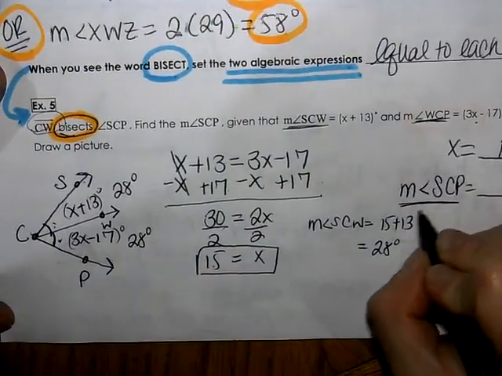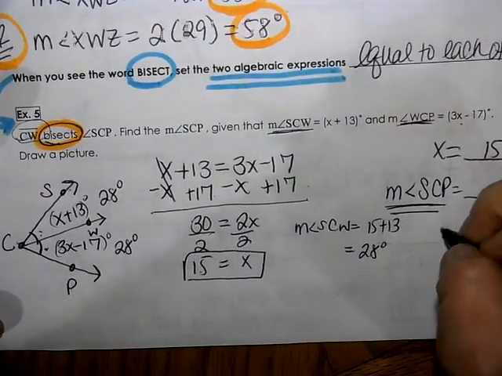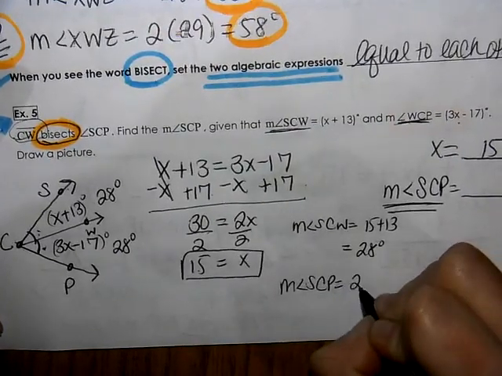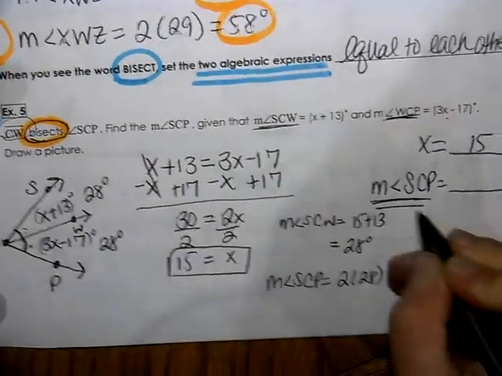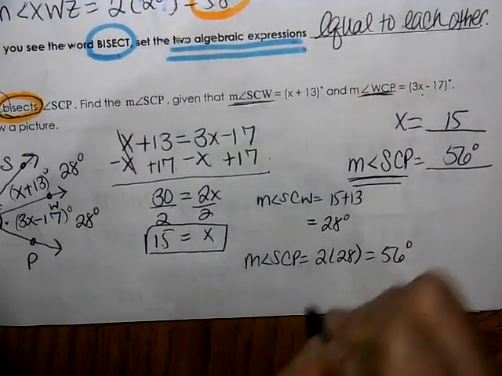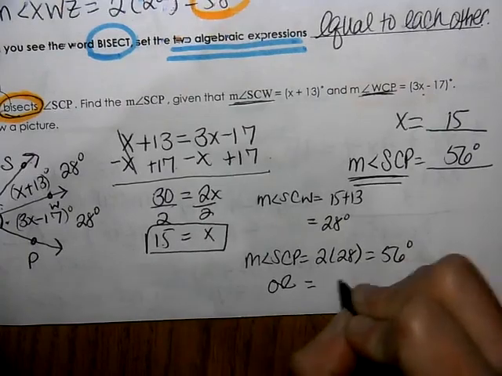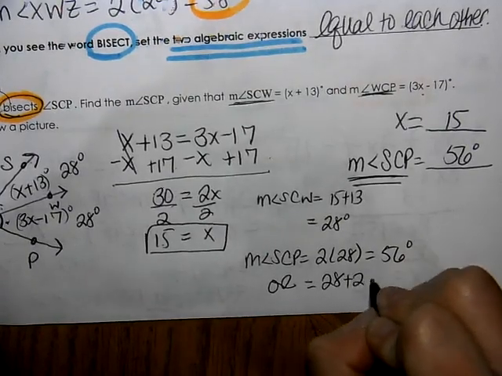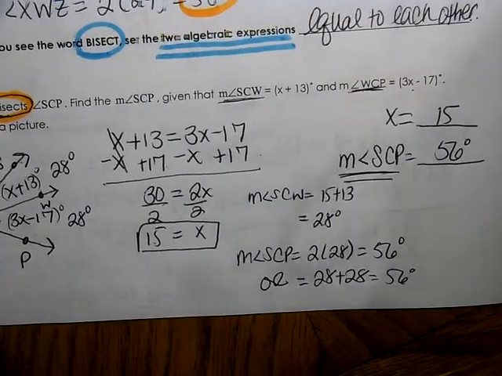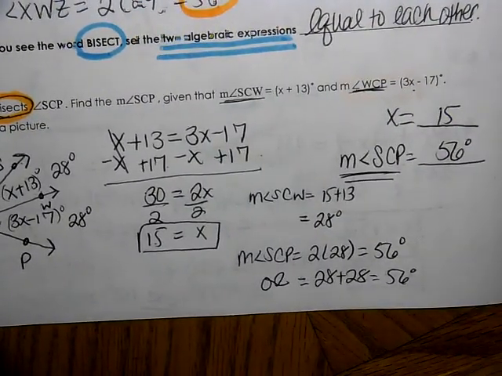So the measure of angle SCP has to be 2 times 28, and 2 times 28 is 56 degrees. You could also simply do 28 plus 28, and that will also give you 56 degrees. Both approaches will give you the exact same answer.